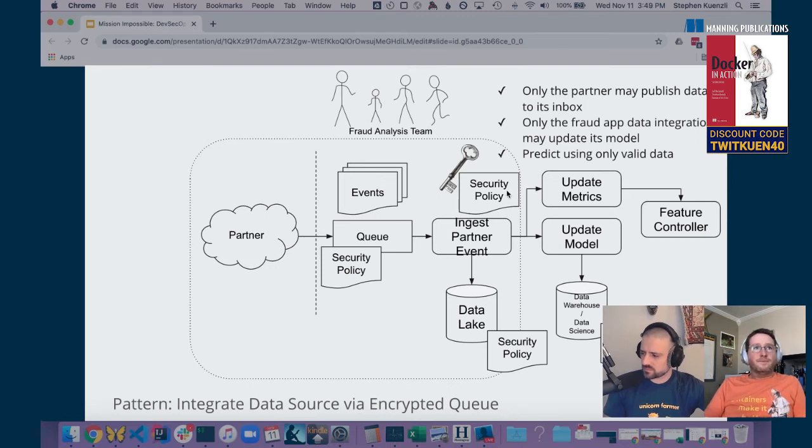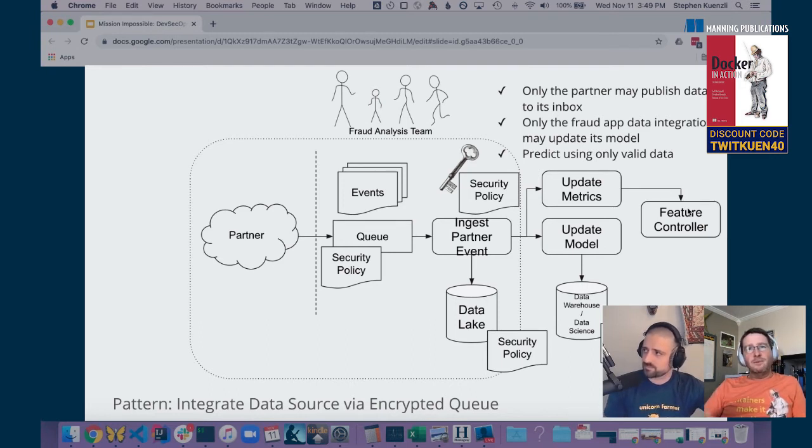We can implement rules like only the fraud application data integration processes can update its own models. And we know that we need a plan for things like producing metrics around what the quality of the data coming in is, so that we can enable that feature control to toggle that partner's data integration on and off.